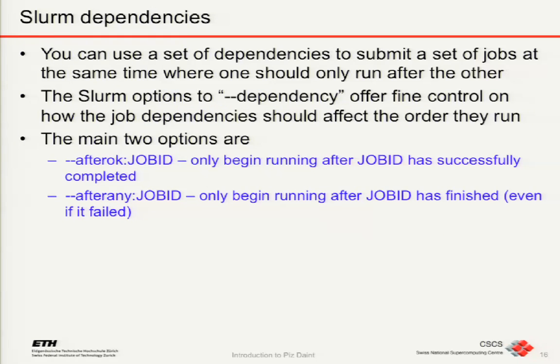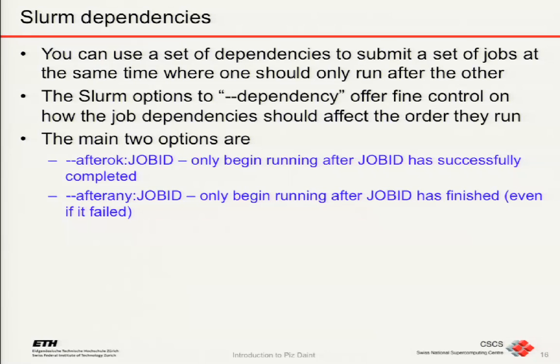Another thing to mention is Slurm dependencies. Sometimes you may have a lot of jobs and one is dependent on the next and so on. For example, if you're going to run some molecular dynamics application and the simulation you want to run is going to take 8 weeks of continuous runtime, then you don't want to submit a job, wait for it to finish, and then submit the next.